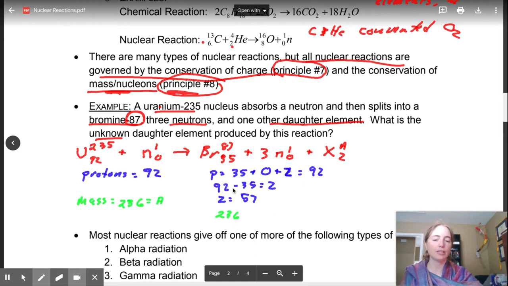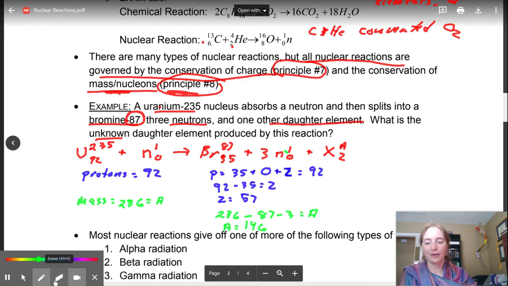So the same way we did up here: 236 minus 87. Now watch this. See that? 3 times 1, the same way you would do in any other balanced chemical equation. So you're going to then be minusing 3 for those neutrons, and that is going to give you the value of A. The value of A up here, ladies and gentlemen, is going to be 146.